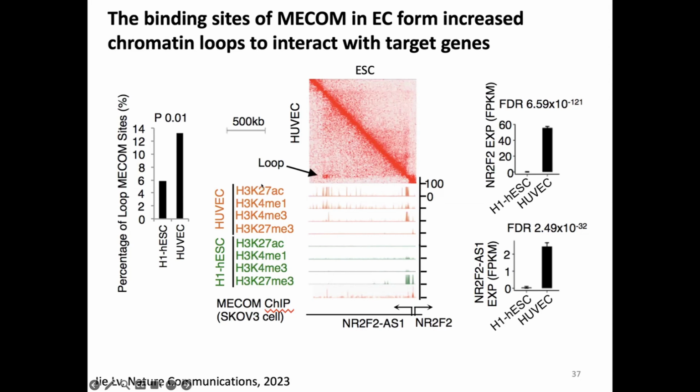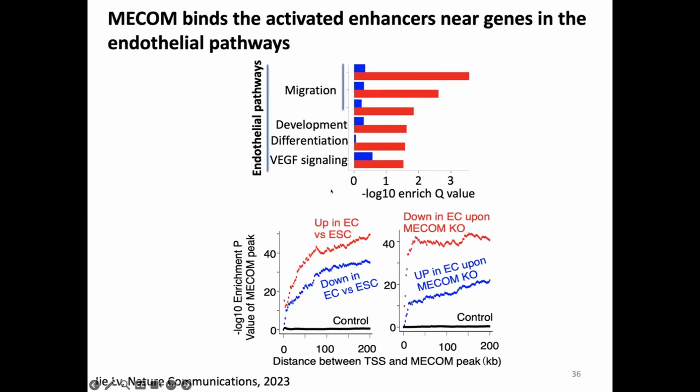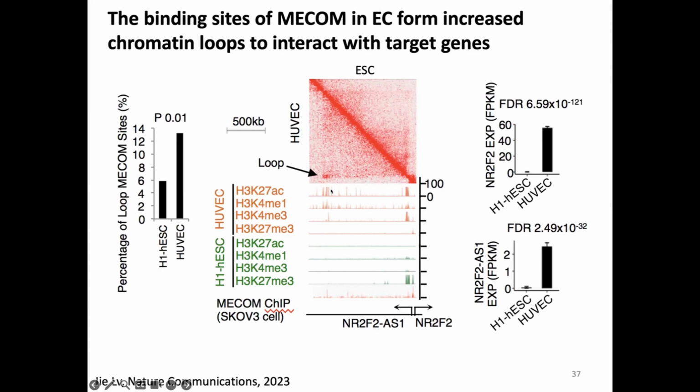When we analyzed the histone modification data, we can see the promoter marker H3K4 trimethylation is highly enriched in the promoter region bound by MECON, while the enhancer marker H3K27 acetylation was highly enriched in the enhancer bound by MECON. However, those modifications appear in the endothelial cell, but not in the embryonic stem cell. So in the embryonic stem cell, we only see the repressive modification H3K27 trimethylation in the promoters.